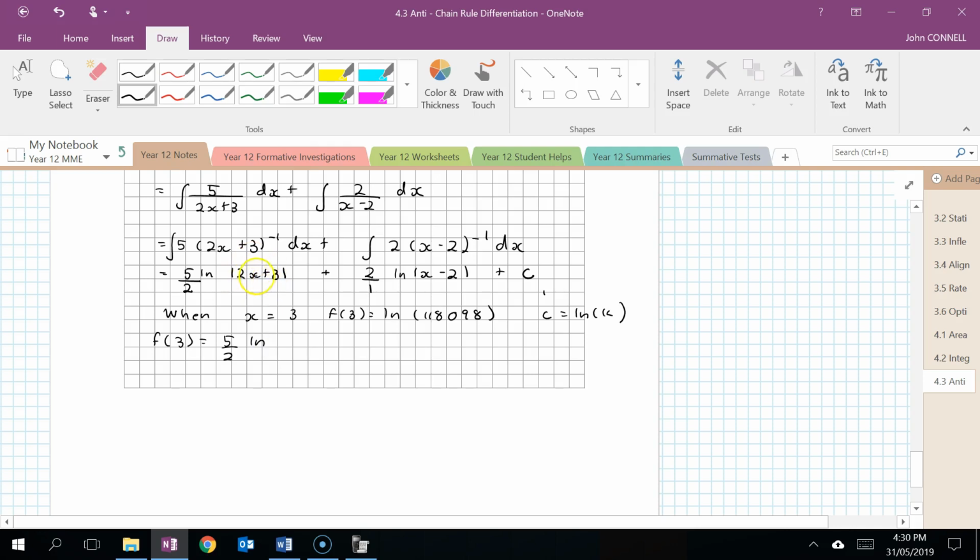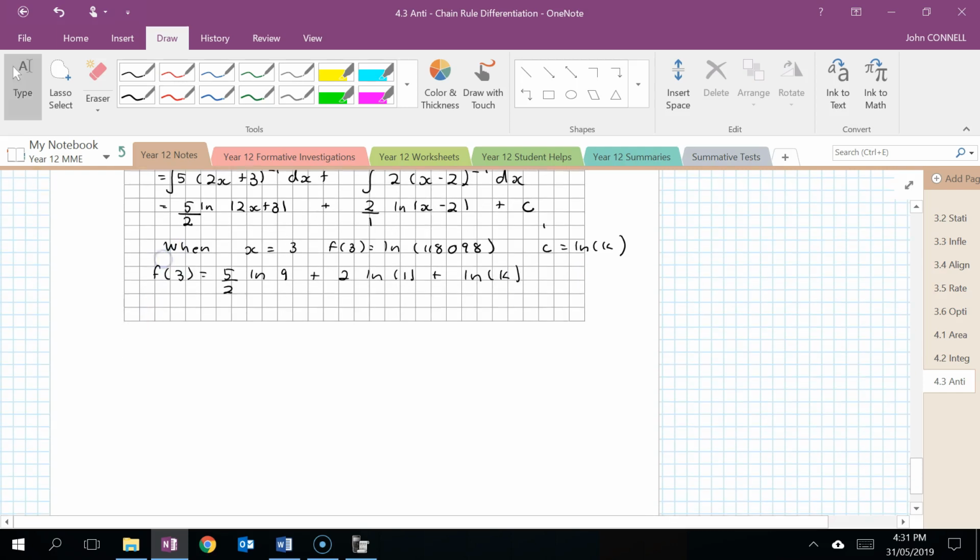Now, 2 times 3 is 6, plus 3 is 9, so it's ln of modulus of 9, which is just 9, plus 2 ln of 3 take 2, which is 1, modulus of 1 is just 1, and then it's plus ln k, because c is ln k. So, ln of 1 is 0, so I'm just going to ln of 9 to the power of 5 on 2 plus 0 plus ln k.